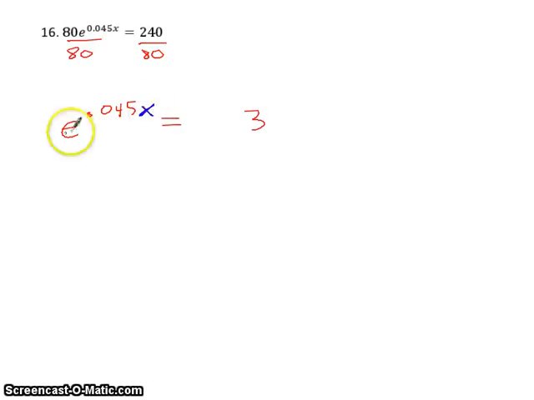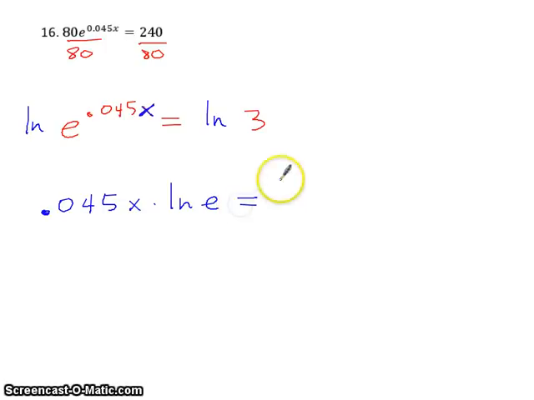And the way that we're going to achieve that is by taking the log of both sides. Specifically, I'm taking the ln because I'm dealing with an e. And the reason why we're doing this is because I can use the power rule to pull this exponent in front of the ln. So now we have 0.045x times the ln of e is equal to the ln of 3.